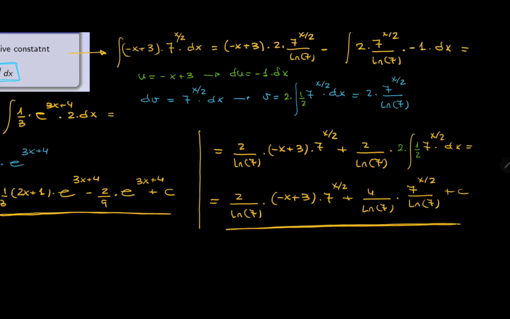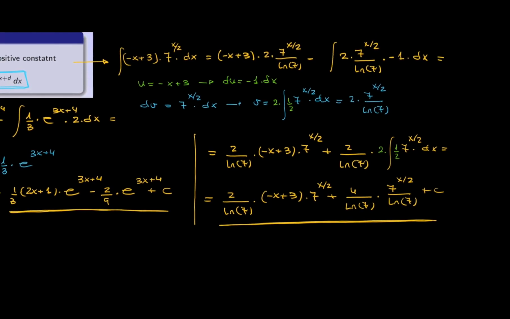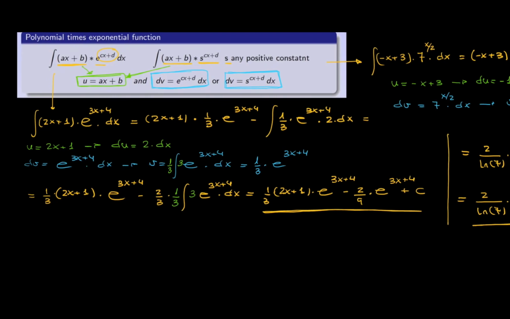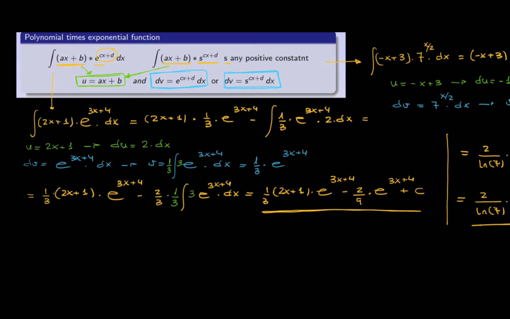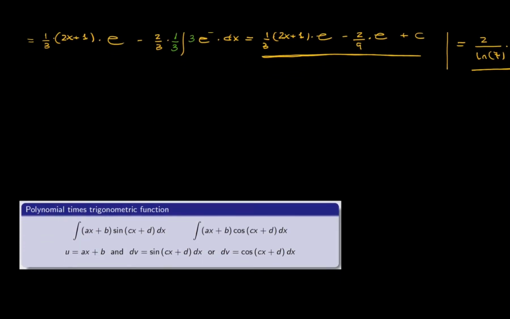Next, let's focus on the second type of integral that is suitable to be solved with the by parts formula. This is the structure given by a polynomial expression times a trigonometric function, where the trigonometric function is the one of a polynomial expression of degree 1 again.